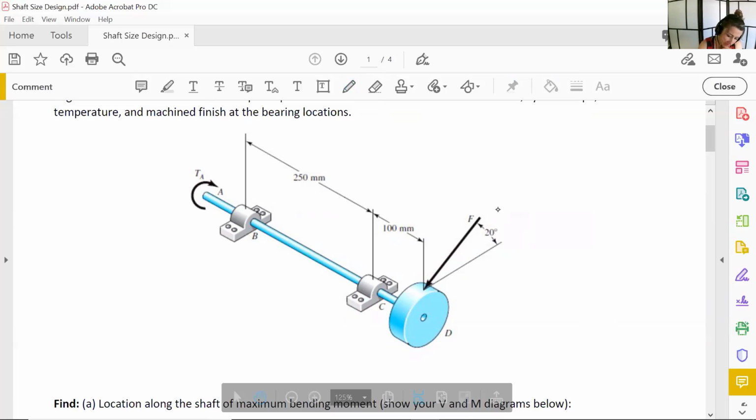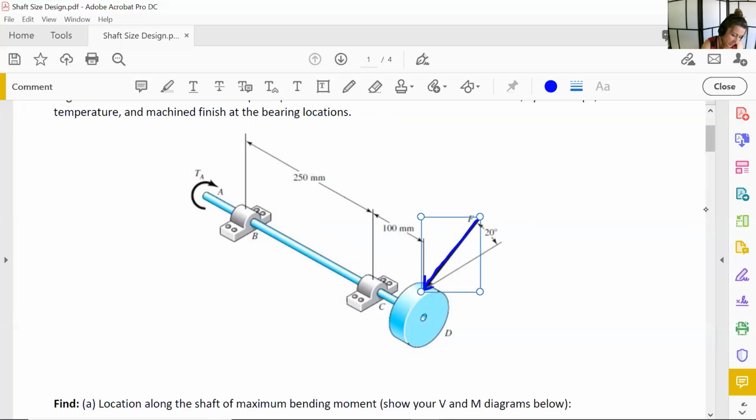This force F, this total force, is what is actually inducing the torque at A. But it is specifically the transmitted component of the total force that is causing the T of A. That's how we are going to figure out our F, because we're given TA.